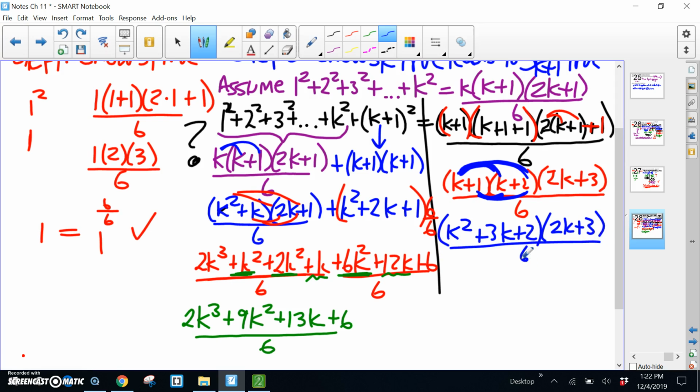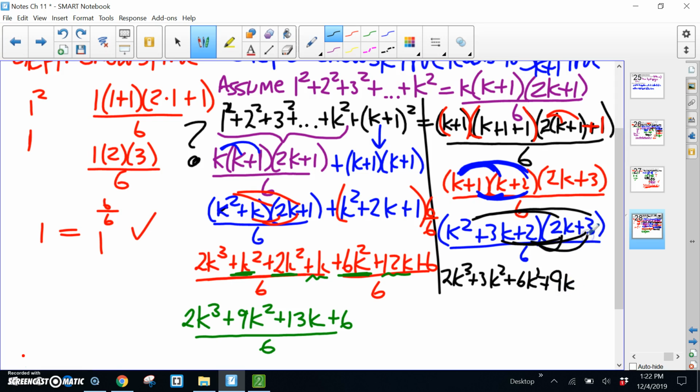All right, then we've got a bigger distributive property. You can't really call it FOIL anymore because there's too many terms, but it's basically the same idea. It's distributive property. So if we distribute, that's 2k cubed plus 3k squared. And then you distribute this one. That's going to be 6k squared plus 9k. And then you distribute this one.